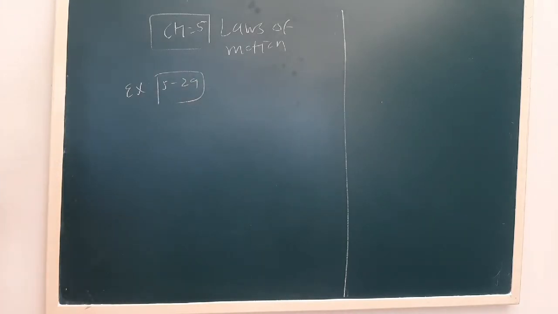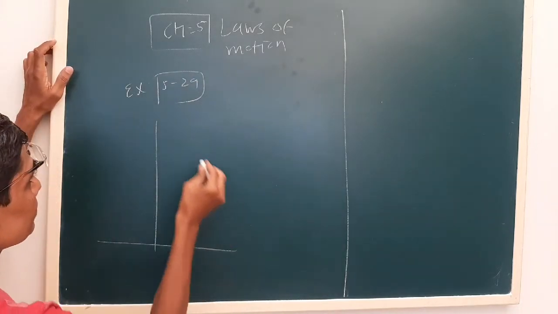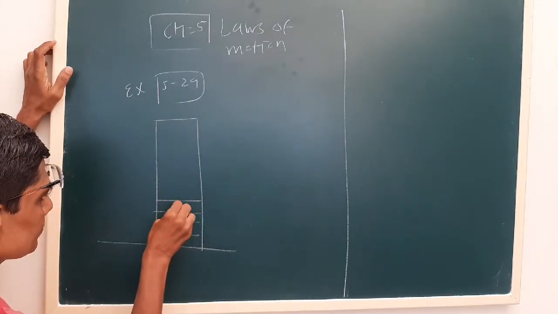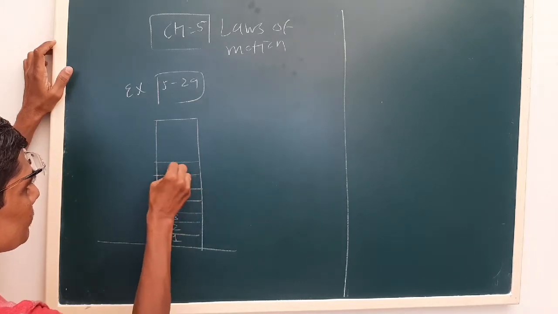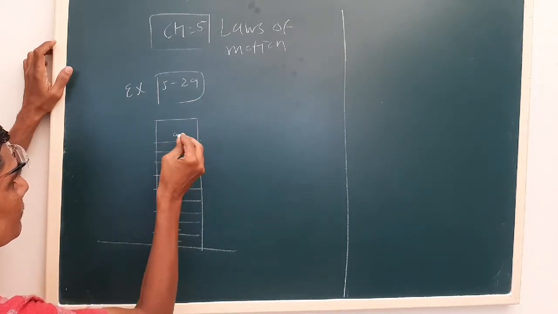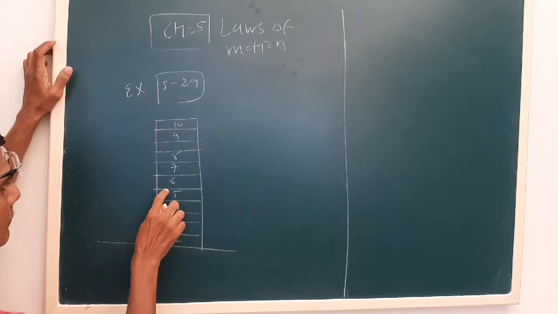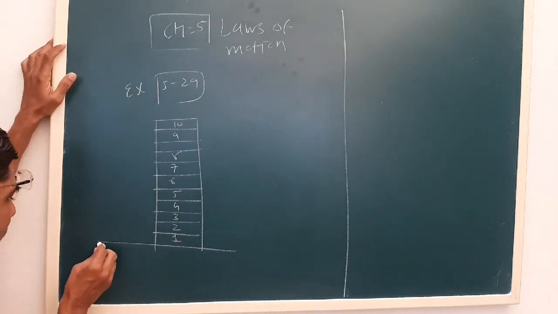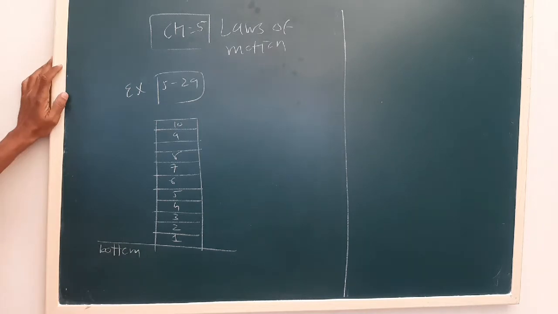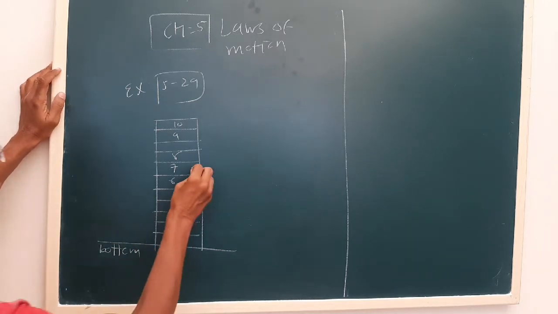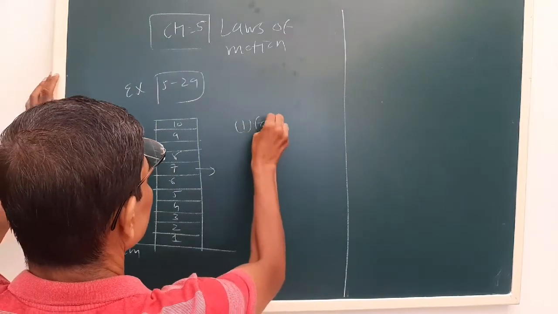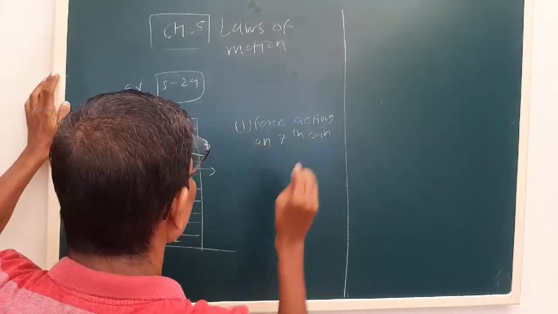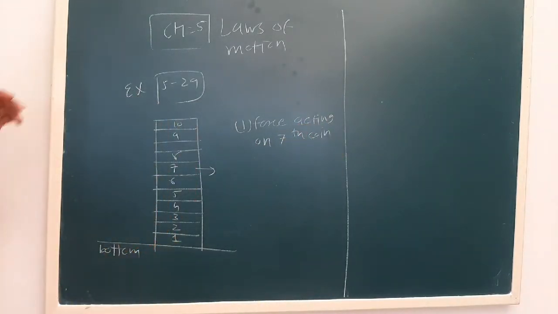Now see, on a table there are 10 coins stacked like this. See, we have to count from the bottom. Force acting on 7th coin by the coin above it.